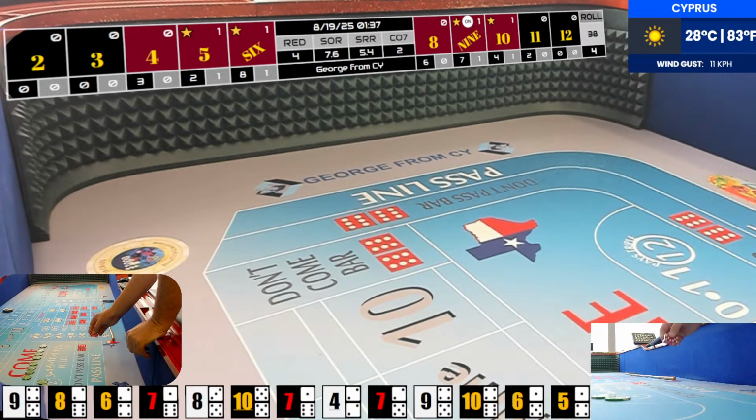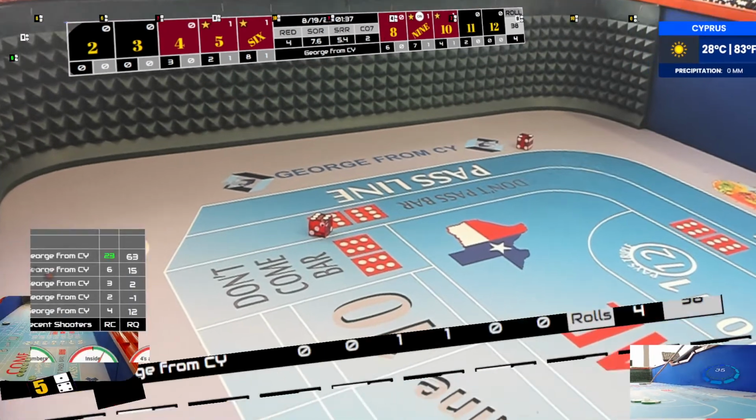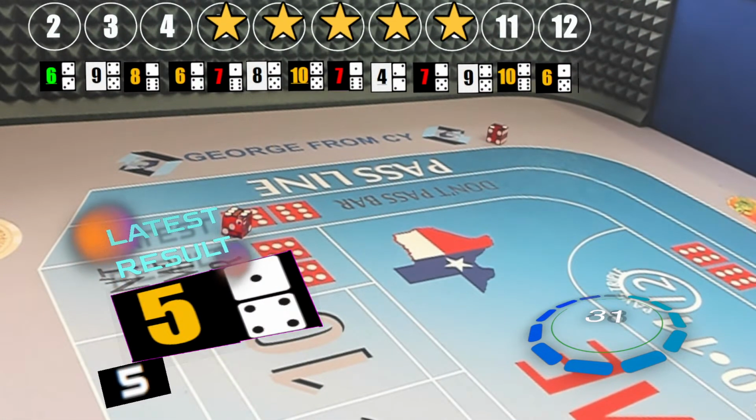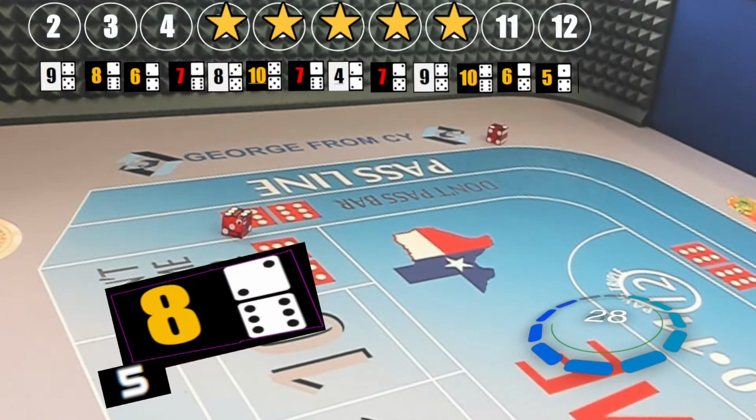Dice out. Dice out. 6 to 8. Another secondary axis. Number 3. Coming down. 160.